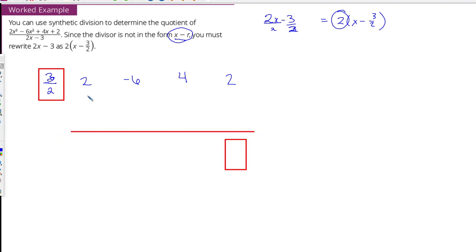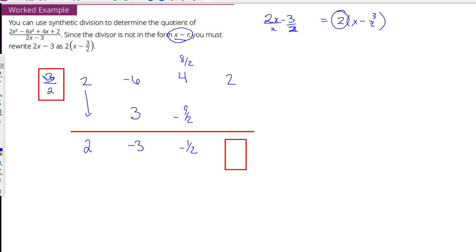So I'm going to drop the 2, multiply, so 3 halves times 2 is going to give me 3. Add to go down, that gives me negative 3. Multiply to come up, and that gives me negative 9 halves. So when I add those, this is 8 halves plus a negative 9 halves gives me a negative a half.